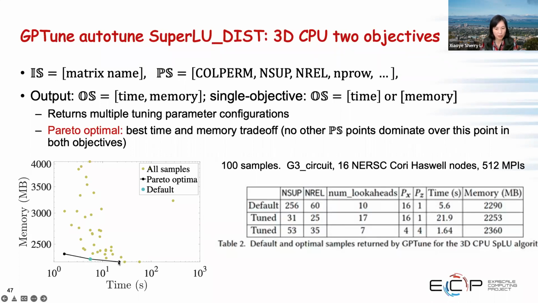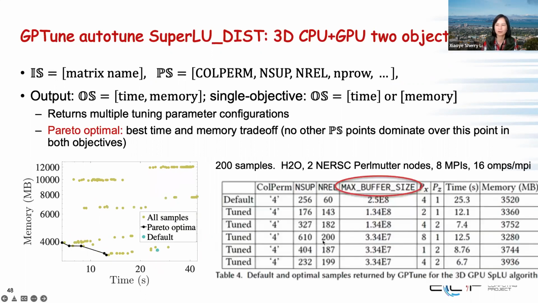But if you want a better time, you have to use more memory. So that's the tuned result compared to the default. You do get better. But then you realize that if you want the best time, your tuned maximum supernode size NREL is some number which is non-intuitive, and it depends on your architecture, of course. And so this is the 3D code with CPU plus GPU.